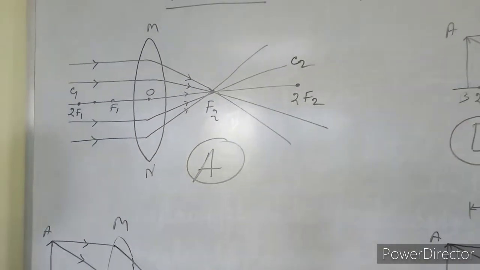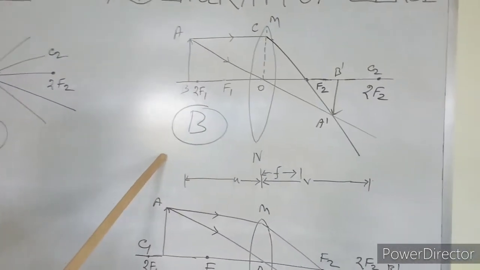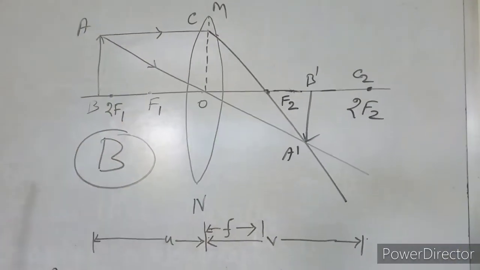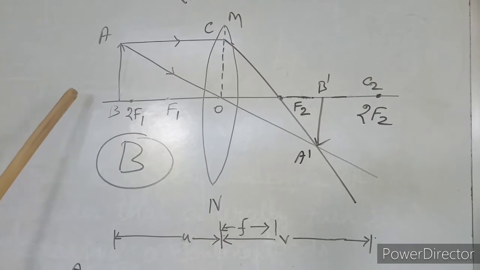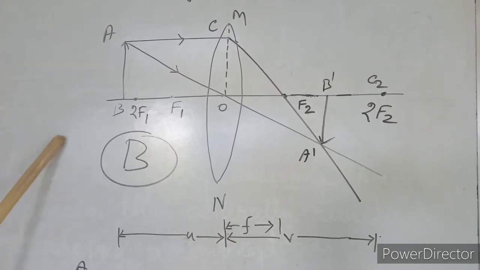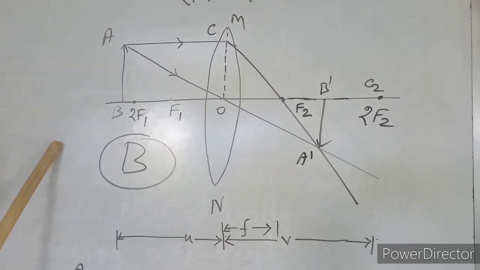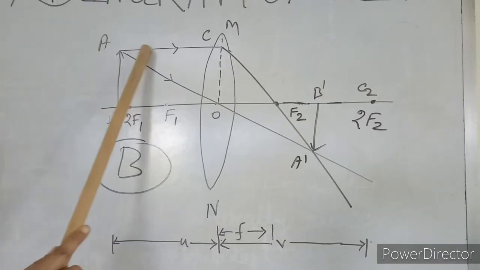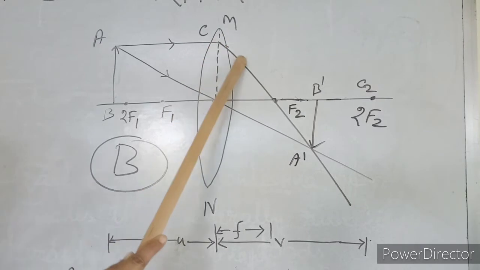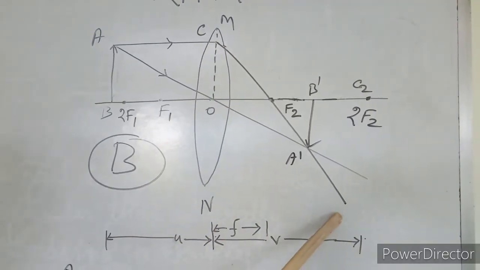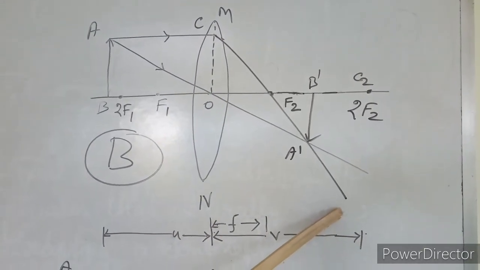Now second case. In this case, where the object is placed, from the figure you can find the object is beyond 2f. Beyond 2f the object is there. Two ray diagrams are coming. One is parallel to principal axis. After refraction, as per rule, it will pass through the focus point on the opposite side.